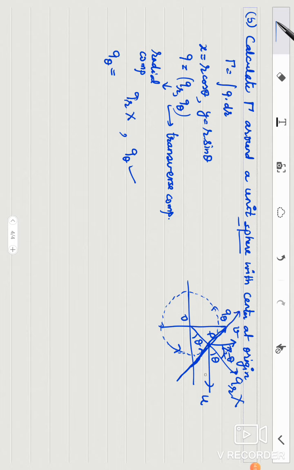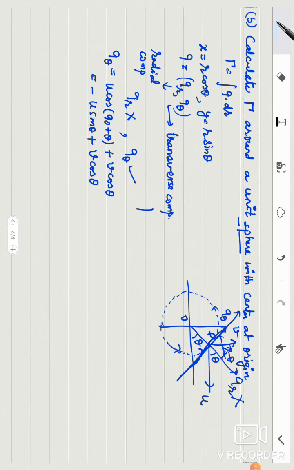So I will resolve this u along this line, and resolve this v along this line. So it will be u cos of 90 plus theta, plus, now I will resolve v, this is again theta, plus v cos theta. So this is minus u sin theta plus v cos theta. So I put the values of u and v. What are u and v?